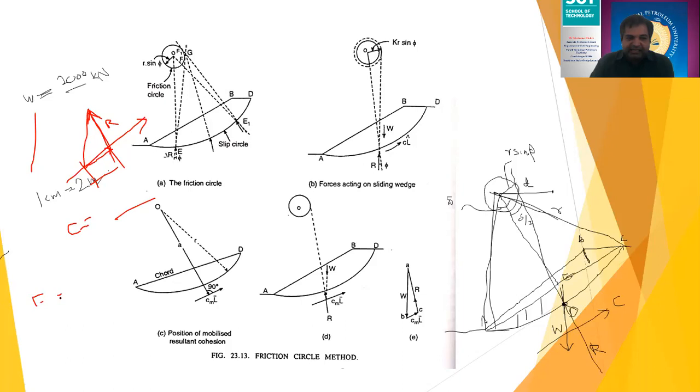Now you need to find out the value of the factor of safety. The factor of safety is C divided by Cm, where Cm is your mobilized cohesion. Now, how to find the value of mobilized cohesion, which is written in the formula, which is nothing but the ratio of L arc by L bar. What is L bar? L bar is this length.